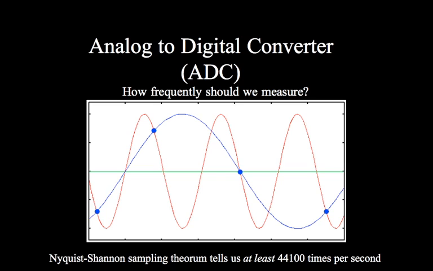We're asking the question, how often should we measure the sound in order to produce a digital sound recording that doesn't sound crap? Let's imagine that we say, oh, well, the upper range of human hearing is 24,000 cycles per second.